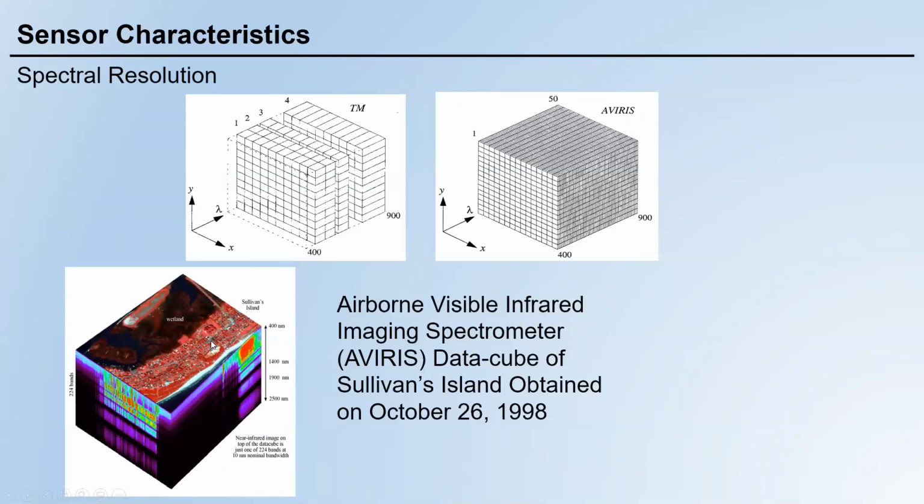These more than 200 images at different bands can actually catch most changes in reflectance from 400 nanometers to what? 2500 nanometers. So we have a continuous image, or data cube, here.